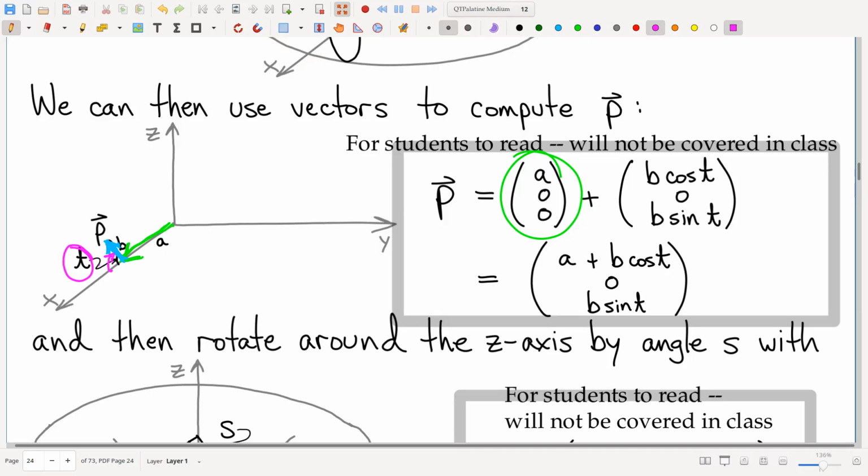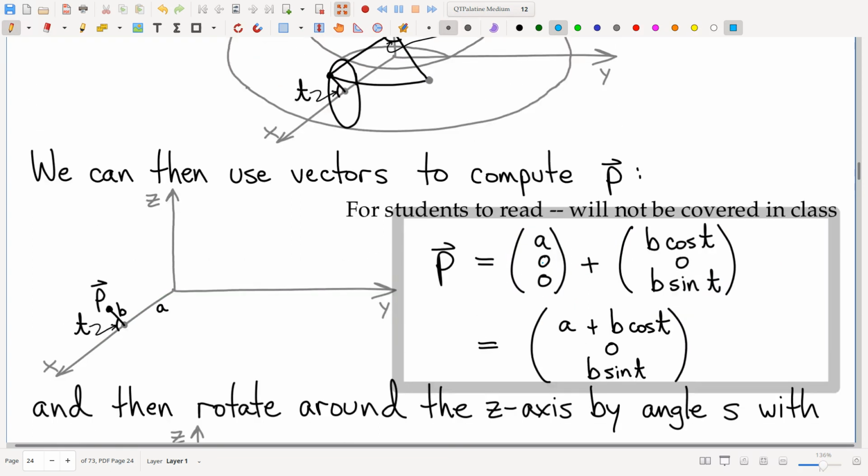It has to depend on that t, and it's a little analytic geometry and trig problem. Make sure you can persuade yourself that that green vector is this, that blue vector is this as a function of t. And so that is sort of the first part of the problem.